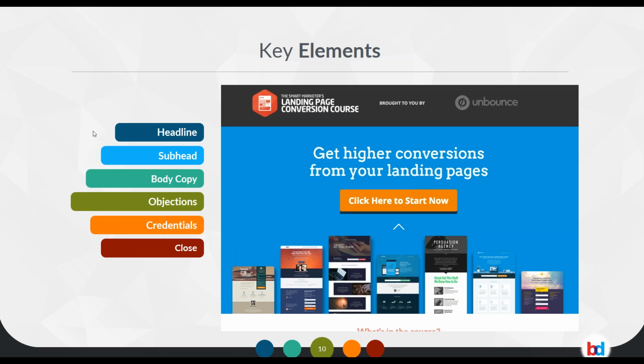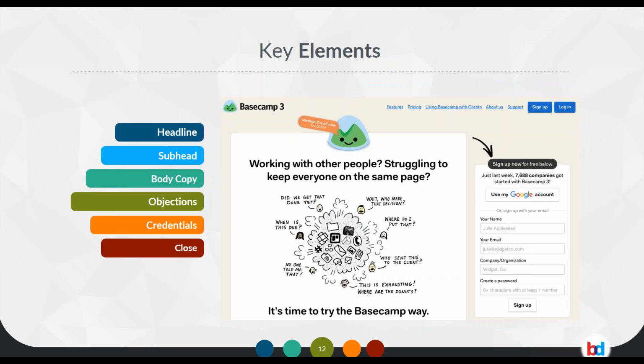Is it better to have less than more on a landing page? Yes, I guess if I have to choose, yes. The reason is that a cluttered page is an ignored page. If we just look at the page we have here, it's pretty basic. A lot of these pages are minimalistic.